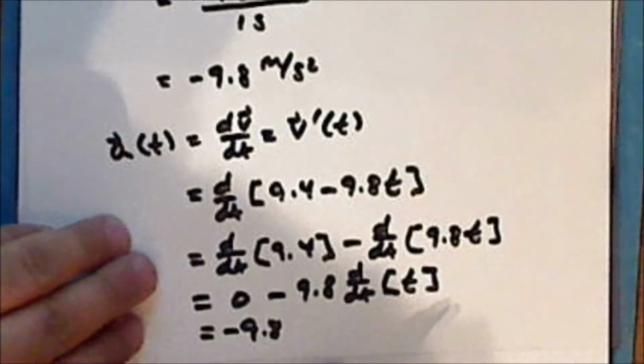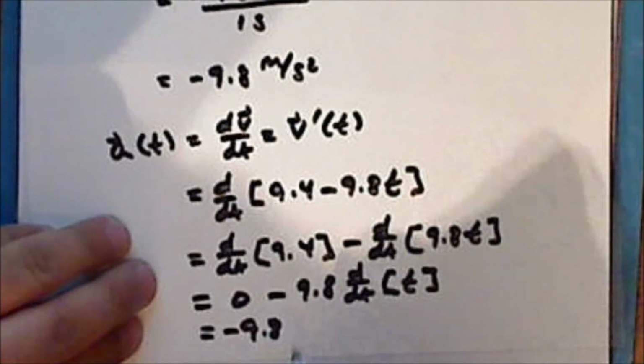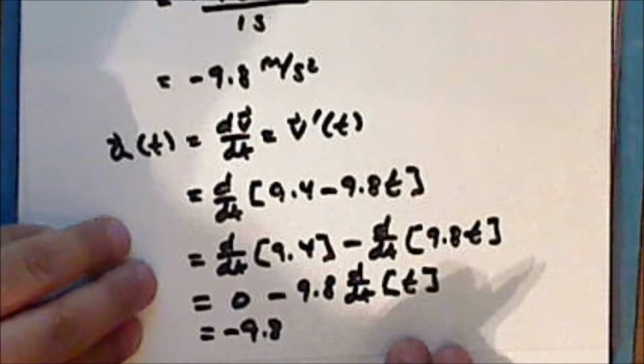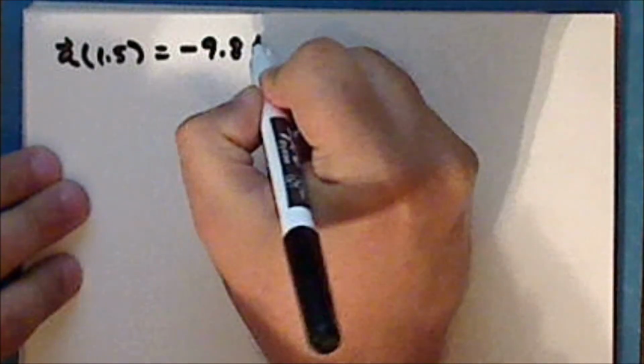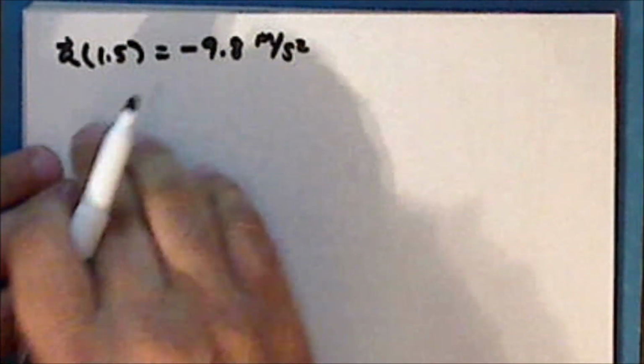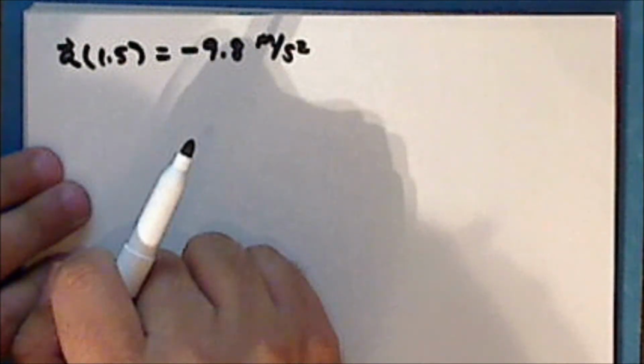And so the acceleration is the constant negative 9.8. And so at the time t equals 1.5 seconds, the acceleration is negative 9.8 meters per second squared, as it is at any given time.